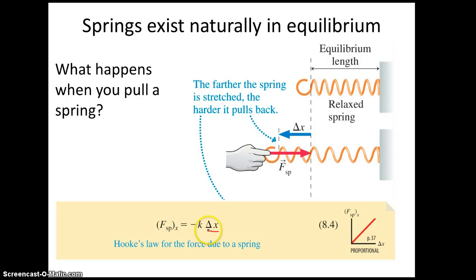But if I pull a spring really far, then it pulls back really hard as well. And so the farther that I get a spring from its equilibrium point, from its happy spring state, the greater the force that spring is going to exert on me.